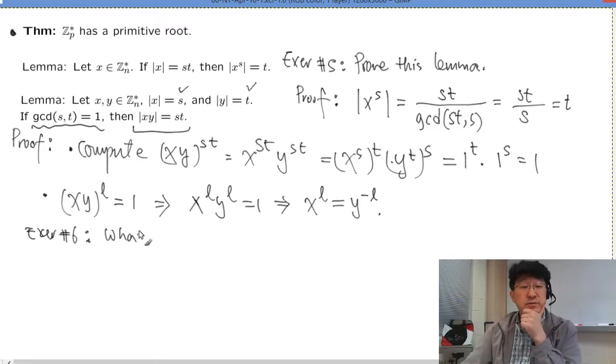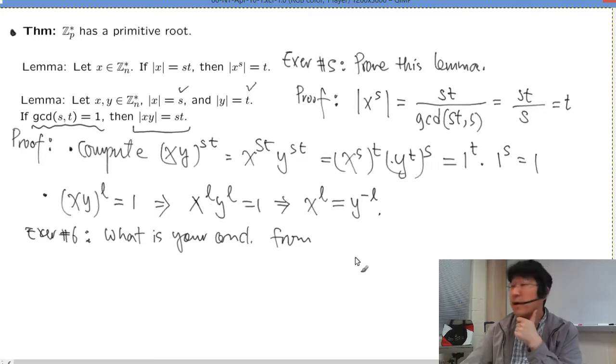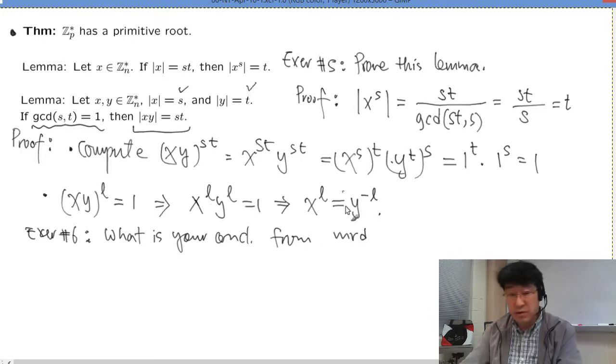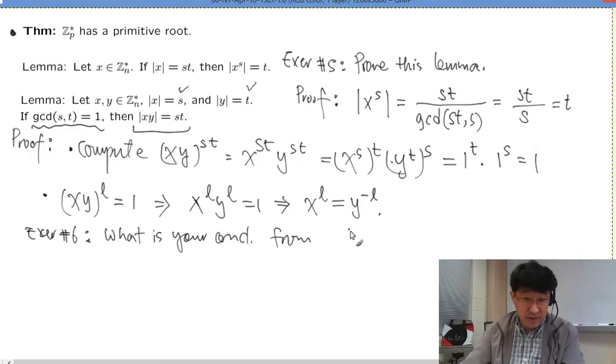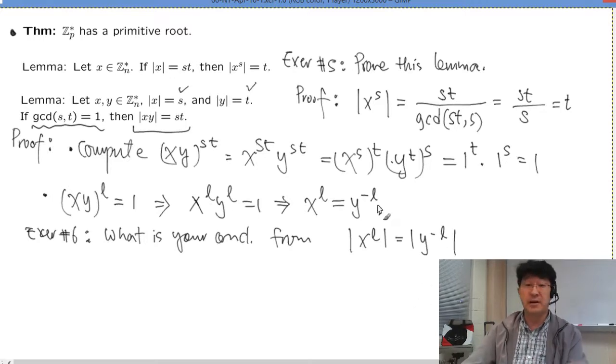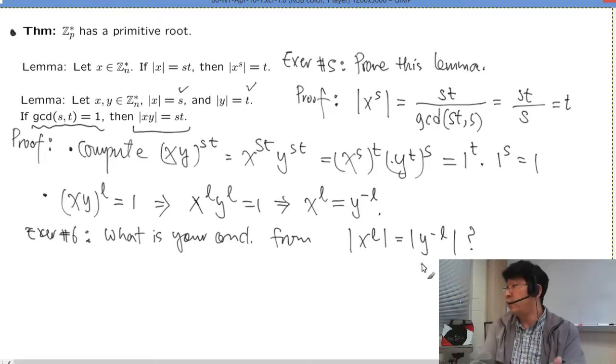What's your conclusion from the following statement? The order of x to the L equals the order of y to the negative L, right? In particular, it follows it is exactly the same element. So if you look at the order, we have a formula to apply, right?